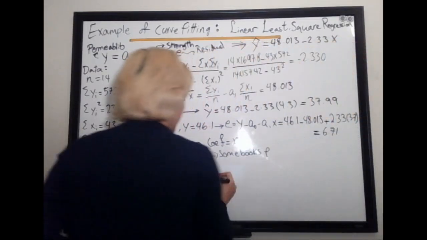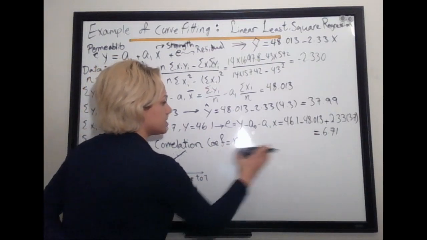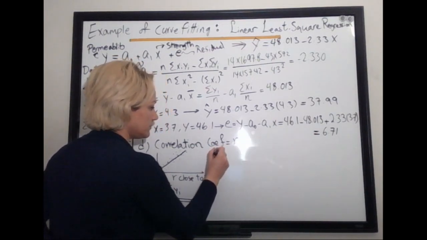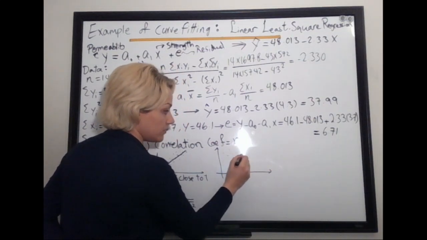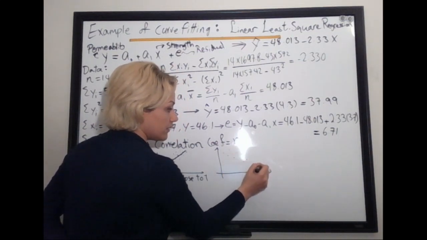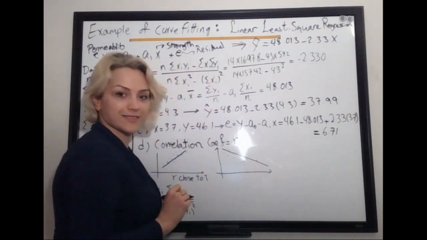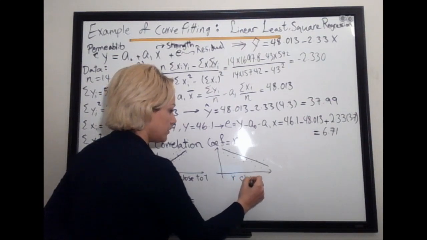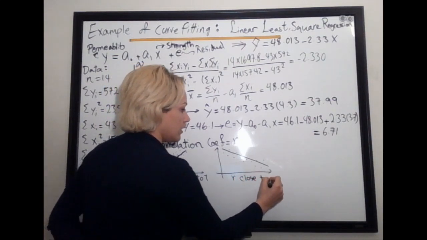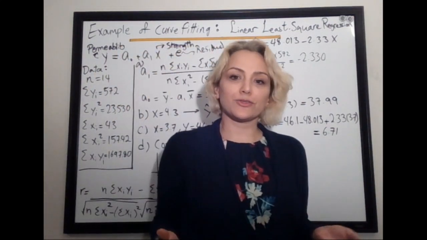In that case, the way that we would show it is like that. They are correlated, look at here, but they're correlated like this. So with this one, we would say R is close to -1.